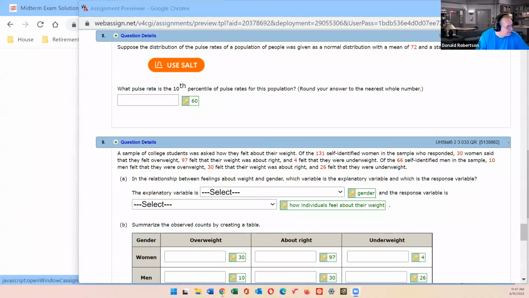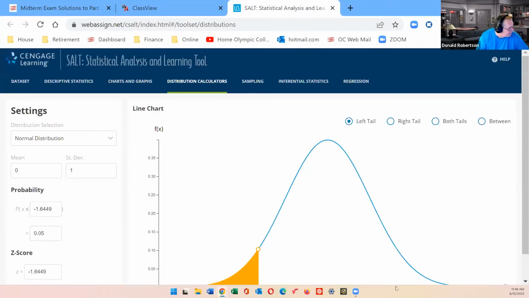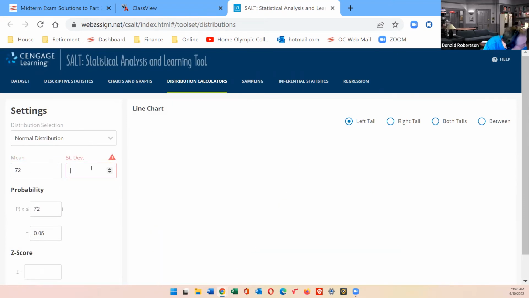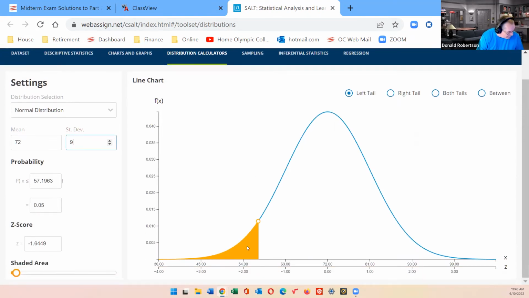Now there's a Solve button that you need to do that question. So let me show you how you would do it. So we're going to hit Solve. And well, it's nice, but if it hadn't done it, you would make sure that you were in the normal distribution for this question. Now the mean in this case was 72. The standard deviation in this case, my case at least, was 9. Now this one is set up exactly the way I wanted it. See how it's shaded to the left?